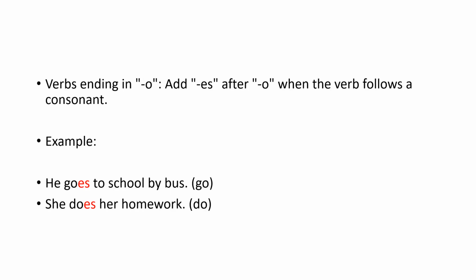Verbs ending in o undergo a spelling change as well. We add es after the o to maintain subject-verb agreement. For example, he goes to school by bus and she does her homework.